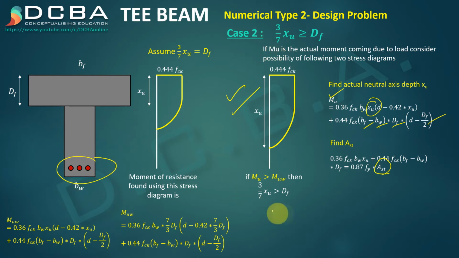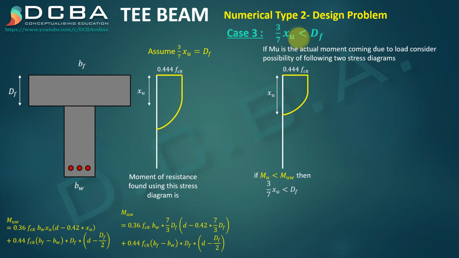But now what will happen if MU is less than MUW? It means that 3 by 7 XU is less than DF. That becomes our case 3, where 3 by 7 XU is less than DF, and our stress diagram will look something like this, where this is the 3 by 7 XU and it is less than DF.